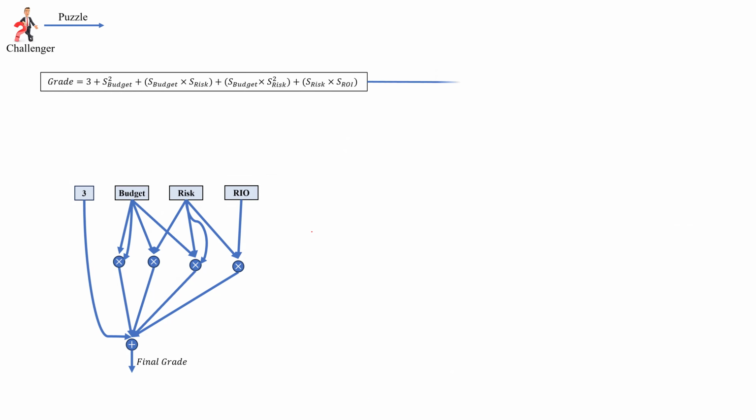Okay, so for simplicity, we want to replace the grade given by the budget referee by X1, grade by the risk referee by X2, and grade by the ROI referee by X3. And if we replace these values, we'll see a simpler formula for the circuit.